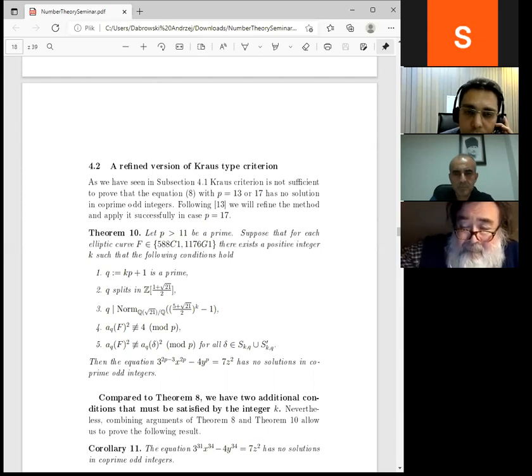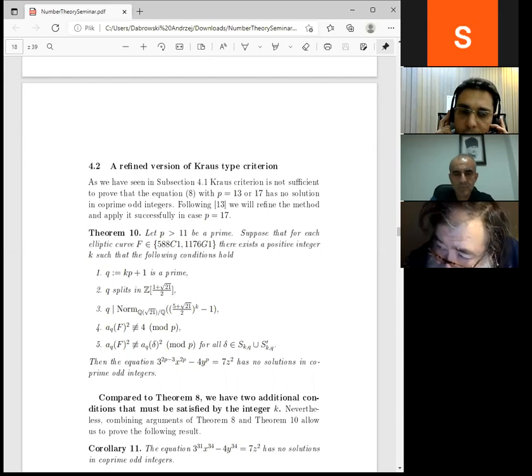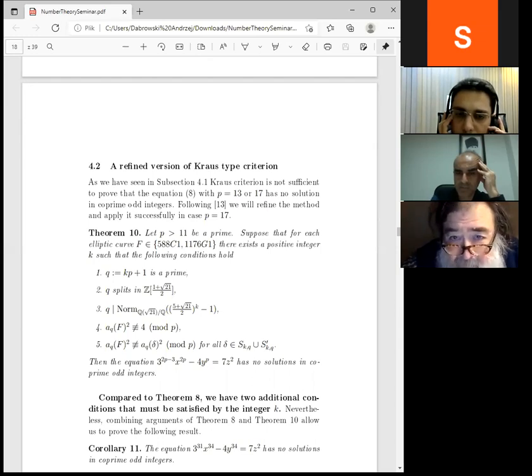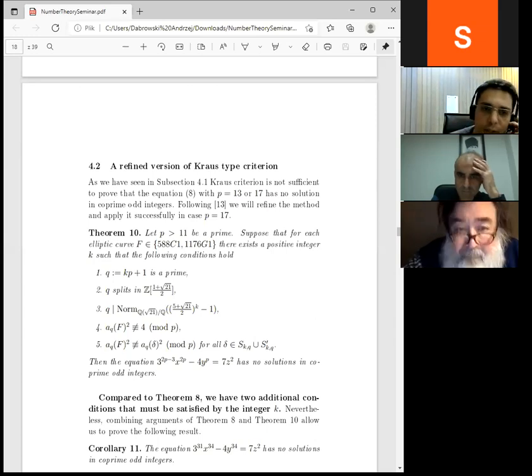Yes, as I mentioned at the beginning, I think that we can try to repeat all this decomposition, and if we assume that the class number of the corresponding imaginary quadratic field is not divisible by 3, then the same method will work. Of course the results will be less precise, but I think that it will work. Okay, it's interesting. Thank you.